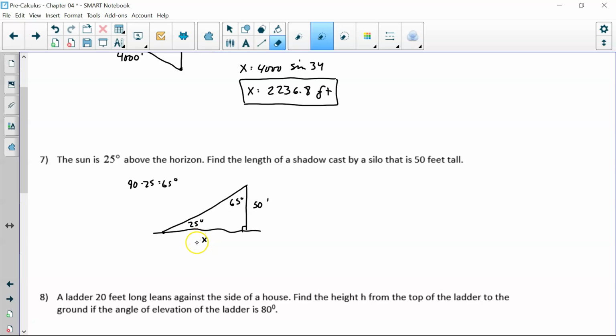If x is in the denominator, it's a little bit more work to solve. If x is in the numerator, it makes it easier. So tangent of 65 equals opposite, which is x, over 50. Cross multiply, x equals 50 tangent 65. So x equals about 107.2 feet. So the shadow is about 107.2 feet long.